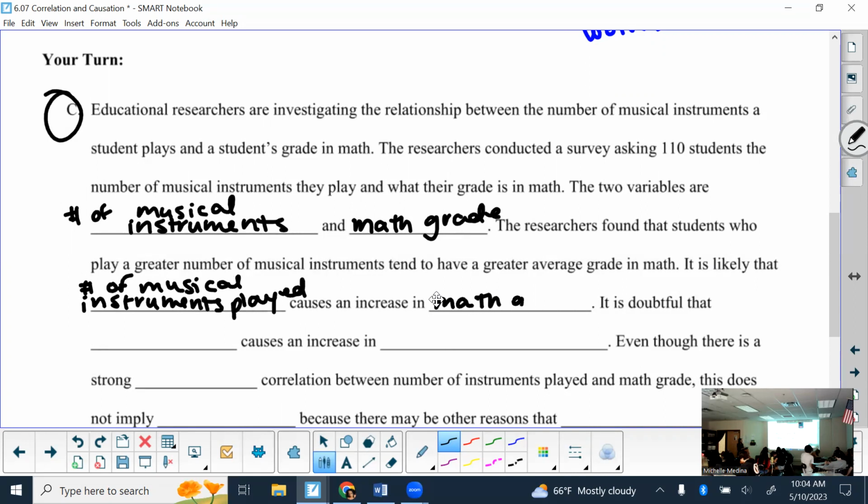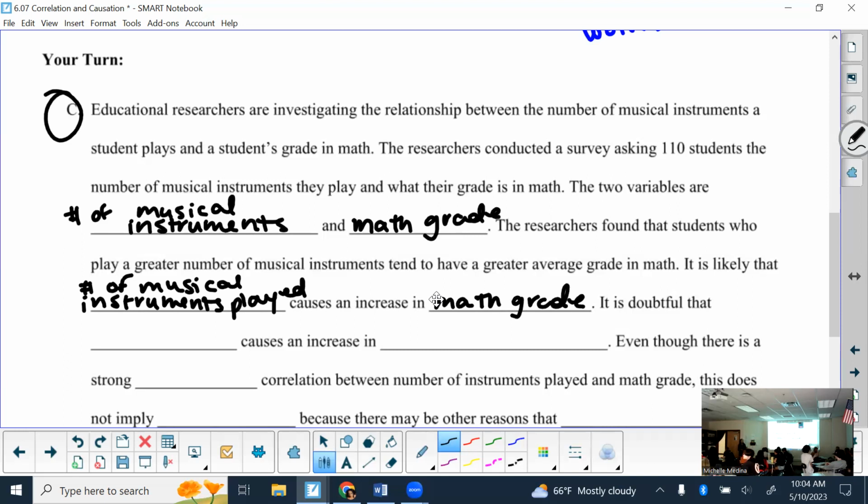All right, so anyone think it should be the other way around, that the math grade causes you to play more instruments? How many of you, and you don't have to put your business out there if you don't want, raise your hand if you have a high grade in math but don't play any instruments at all. Okay, raise your hand if you have a good grade in math and you play at least one musical instrument.